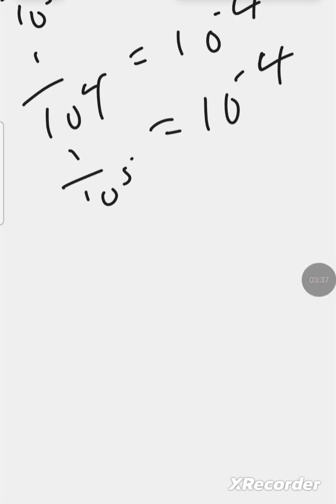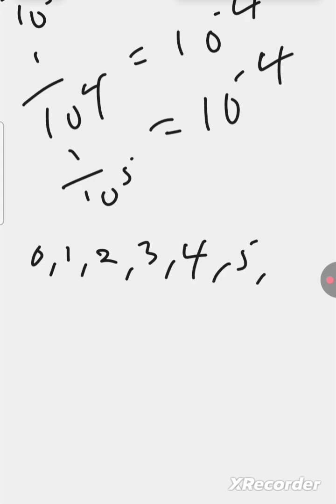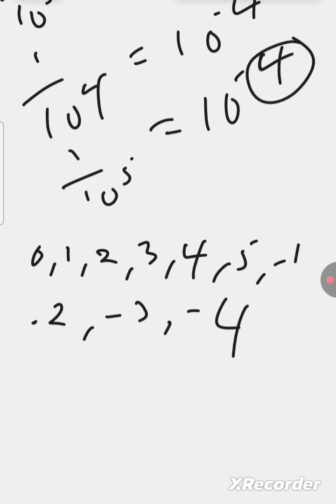We can continue writing these numbers on and on, but at the end of the day, you will notice that these numbers 0, 1, 2, 3, 4, 5, even negative 1, negative 2, negative 3, negative 4, all these numbers we are talking about, that is the powers, are known as the indices.